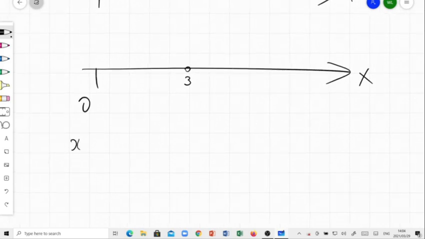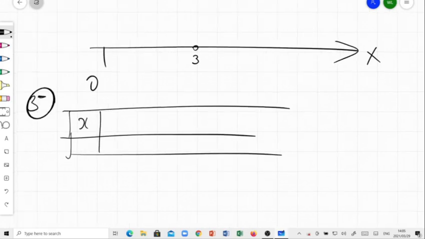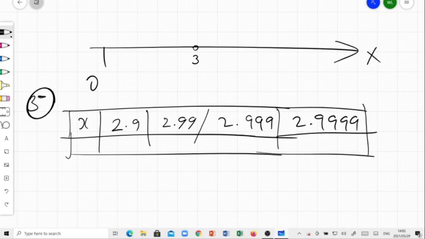So that's why you drew a table, and when you approach 3 from the left, so this is 3 from the left, 3 minus, you started taking values like 2.9, then 2.99, 2.999, and as you took more 9s, they became way closer to 3. Then you calculated the actual value of f of x.